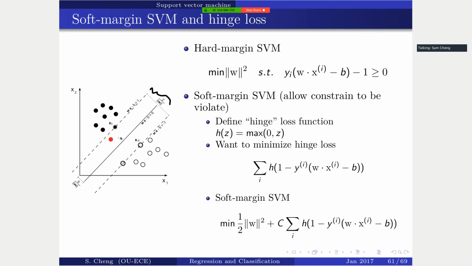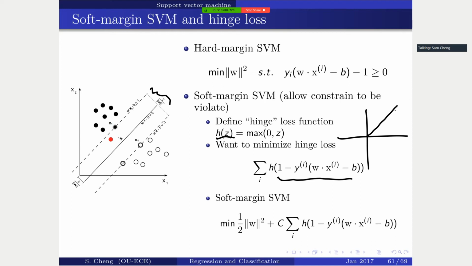And the cost function we can modify pretty easily. Basically, if a point doesn't fall inside the gap, we don't have a penalty there. But if it falls inside, then we will have a penalty. As you see here, we have an h function, which is basically the so-called hinge loss. So if the argument is negative, then it's just equal to 0.